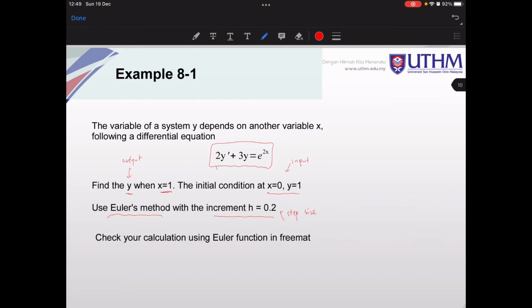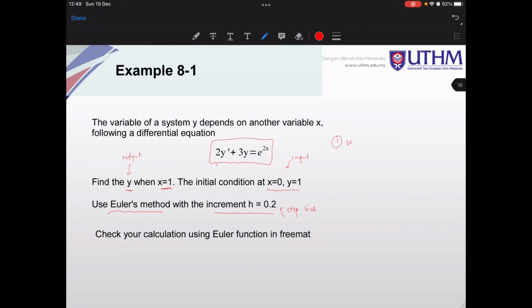To use Euler's method, it's very simple. If I can simplify the steps, first, you need to write Euler's equation, whereby we know that Euler's equation from the Taylor series is up until the first order.